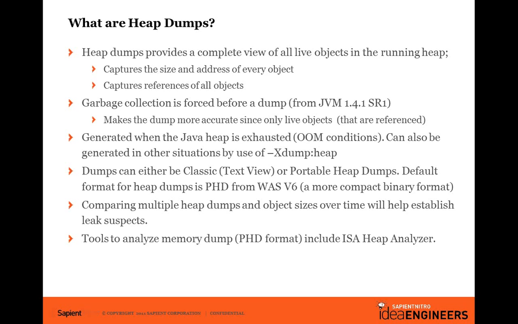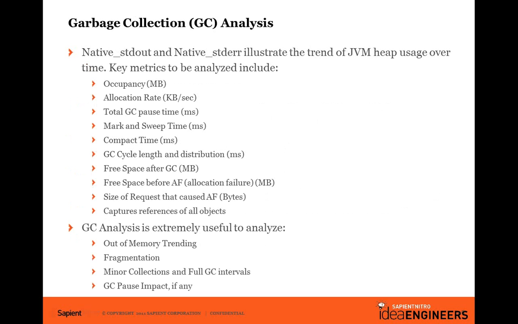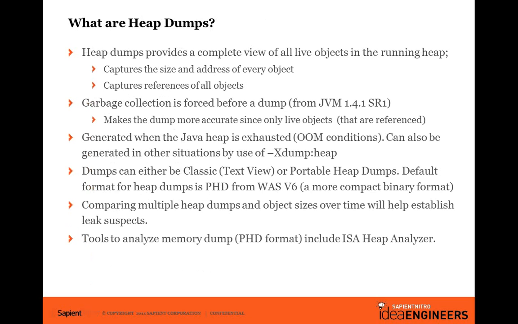So you can easily copy it over to your local box and use tools like ISA Heap Analyzer to analyze them. Once you load a PHD heap dump in ISA, it helps you identify if there are any memory leaks.